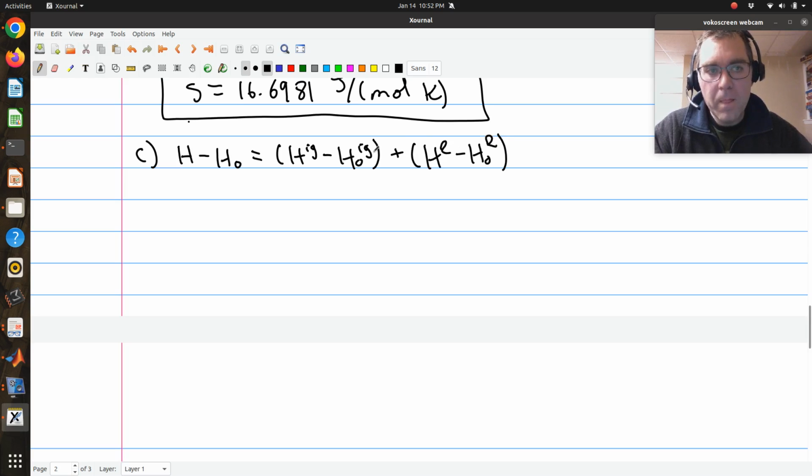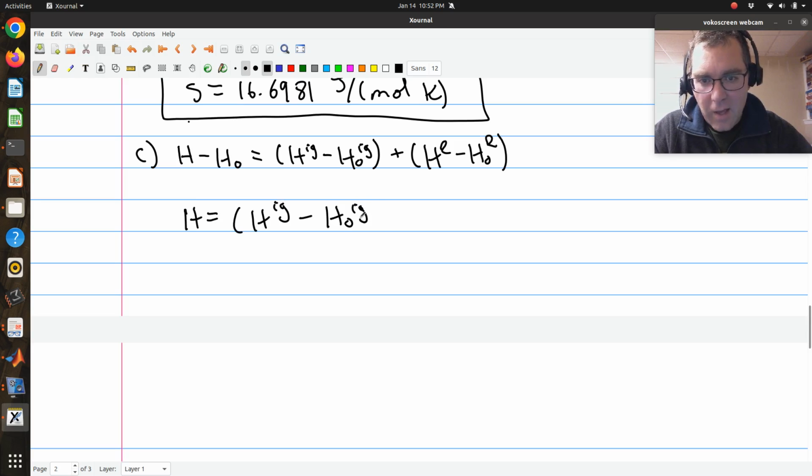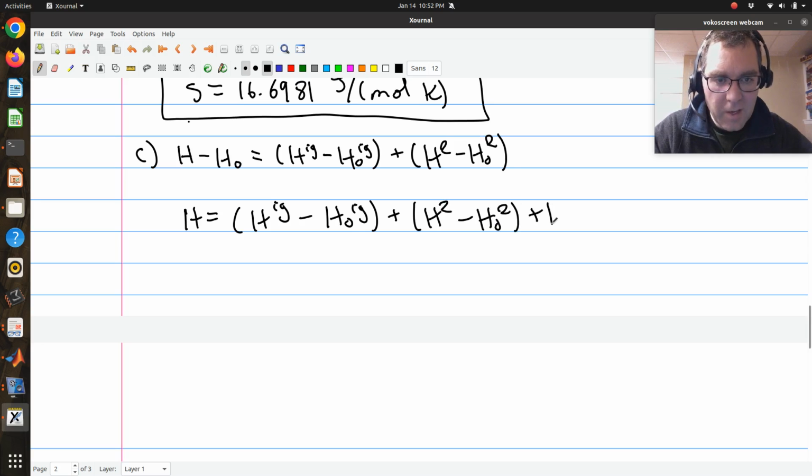Cool. Now just like before, I want an absolute value of H, so I'm going to bring H naught over to the right-hand side. And I'm going to write this as H is equal to H ideal gas minus H naught ideal gas plus HR minus H naught R, plus H naught.